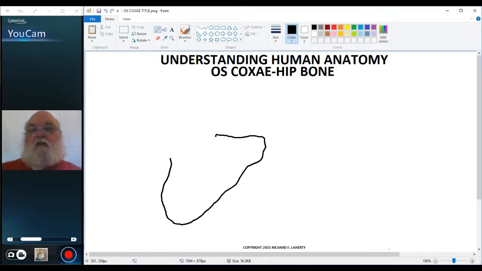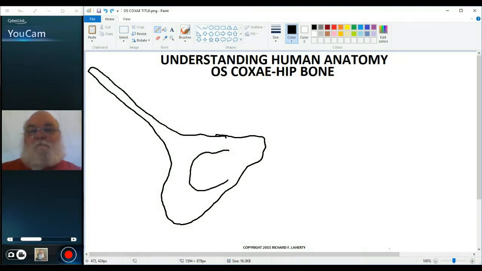I'm going to show a slight indentation that would be the acetabular notch, and then we're going to continue out with the iliac wing and come back down to finish with the superior pubic rim. And we'll draw in the obturator foramen. There's the obturator foramen. Let me clean it up there just a little bit.